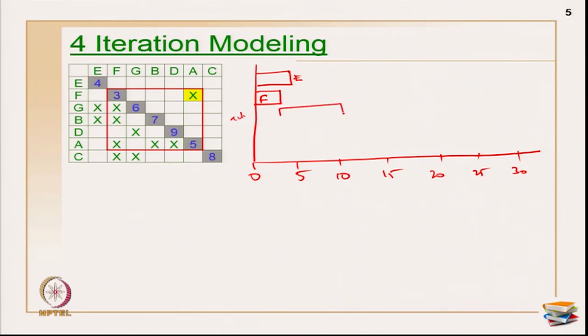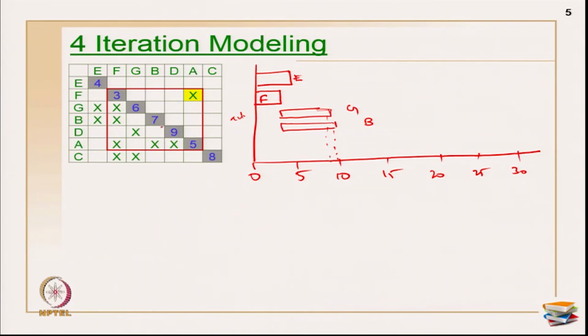So, I am going to do my activity G and my activity B. Primarily 3 plus 6 is 9, and 3 plus 7 is somewhere close to 10. So these two are parallel activities.